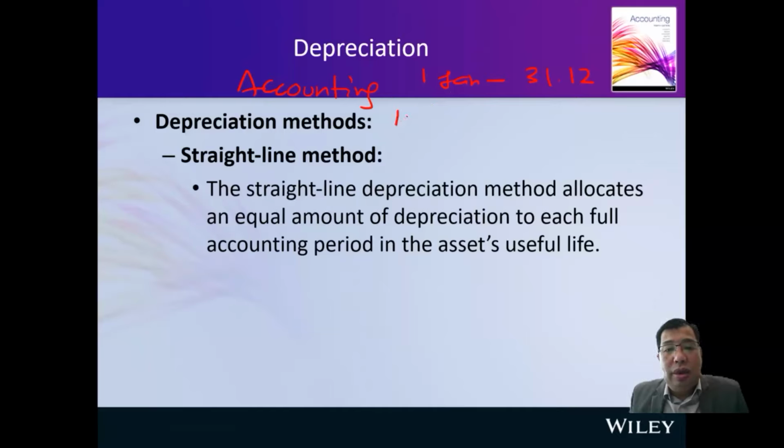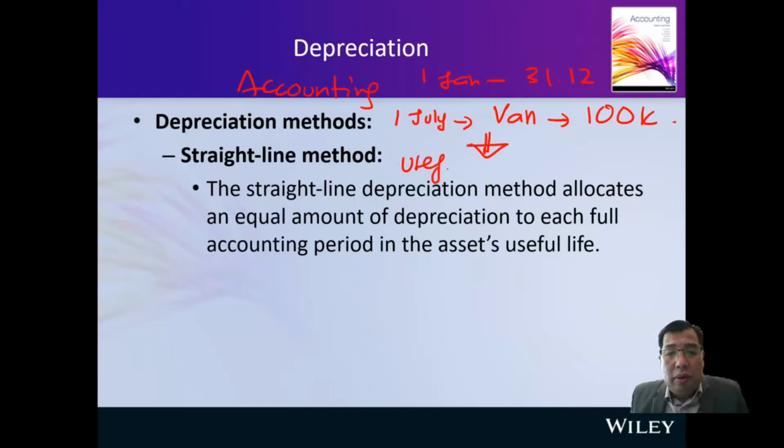On 1st July, you buy one van, a delivery van, that costs you 100,000. Okay, and this one has an expected useful life of 10 years.